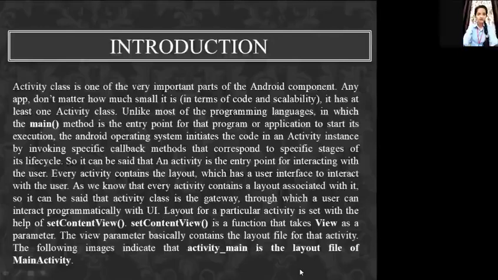Unlike most programming languages in which the main method is the entry point for a program to start its execution, the Android operating system initiates the code in an activity instance by invoking a specific callback method that corresponds to a specific stage of its life cycle. So it can be said that an activity is the entry point for interacting with the user.